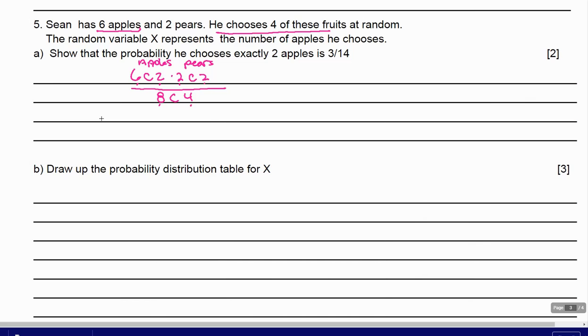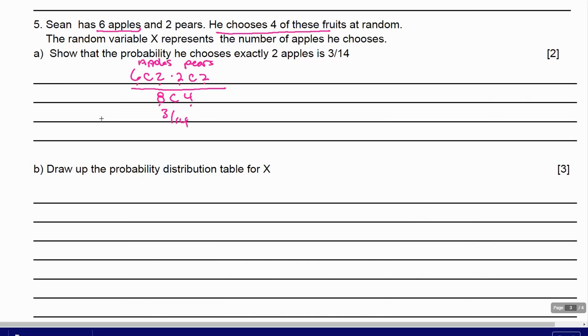Tell me what 6 choose 2 times 2 choose 2 over 8 choose 4 is going to equal. So 3 out of 14.